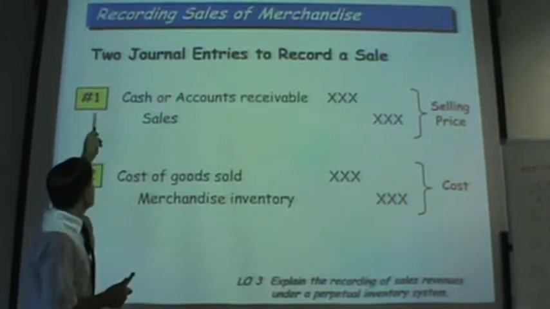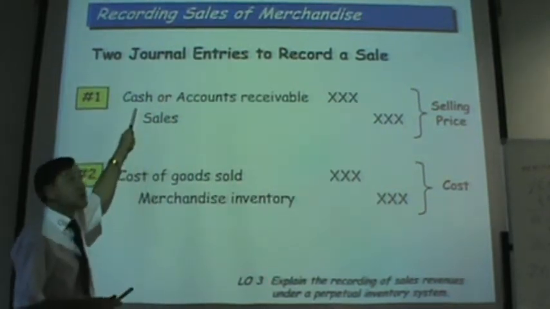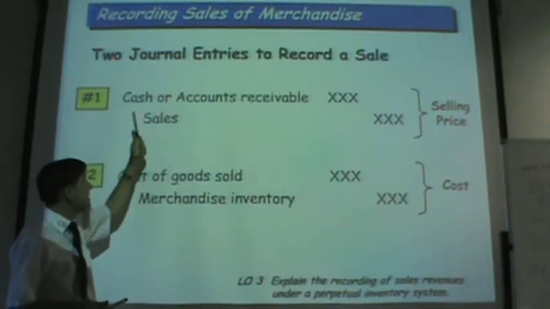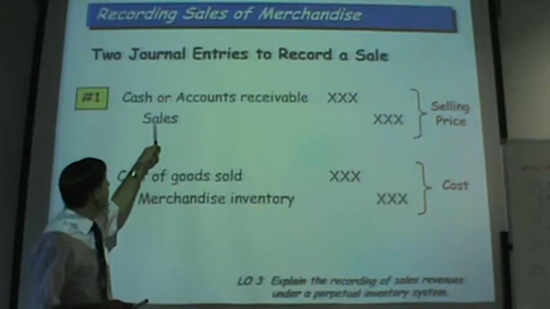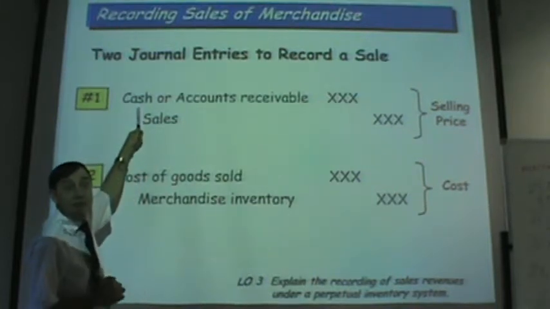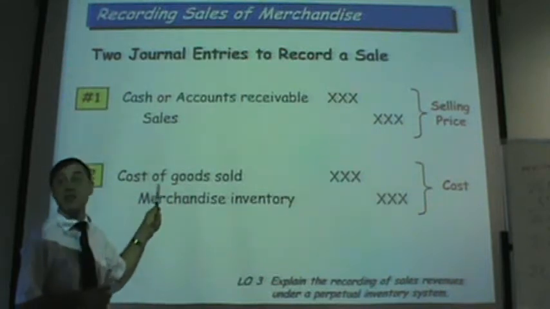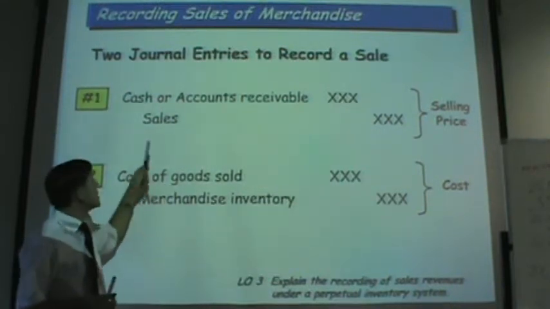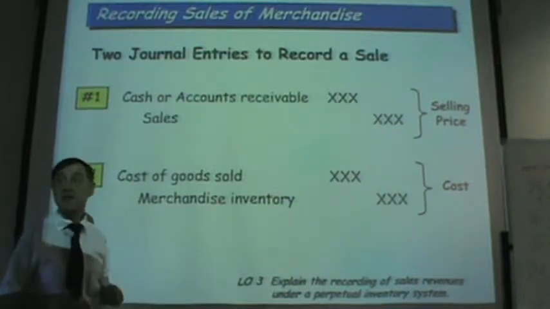You're going to first record the sales revenue, the selling price, which is cash or account receivable, depending on how you get paid for it. And then is the cost of goods sold, which is the expense side. So you have the revenue side, and you have the expense side.